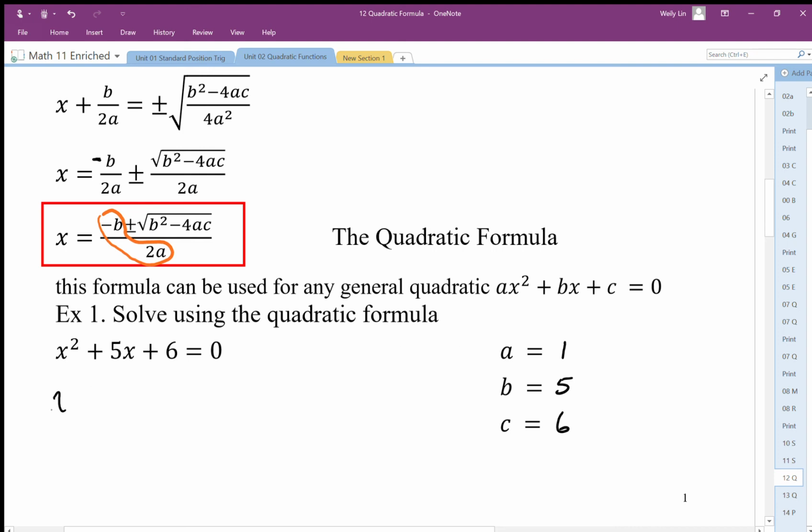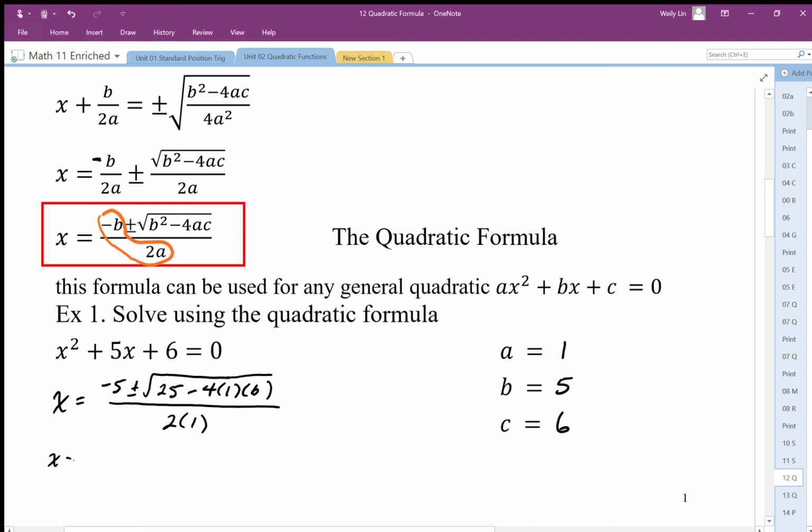So the solution for a quadratic is x equals negative b plus minus square root of b squared, which is going to be 5 squared, minus 4, a is equal to 1, c is equal to 6. Okay, so there's the top numerator, and the denominator is going to be 2a. So in this case, 2 times a is 1.